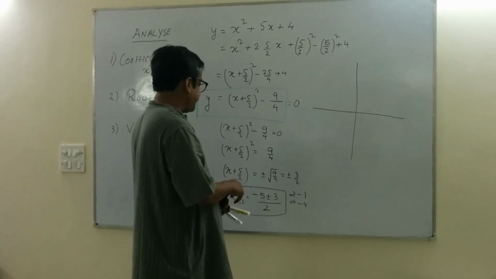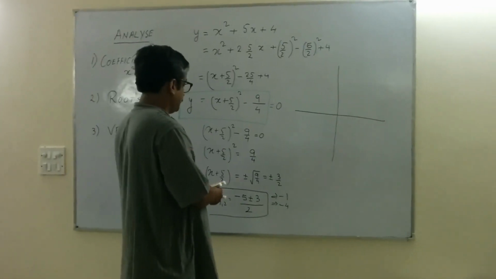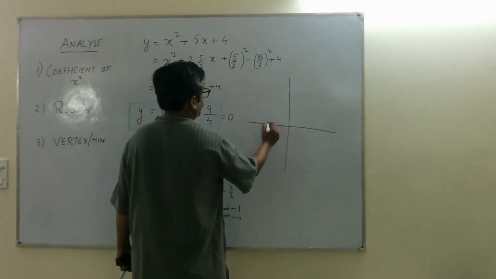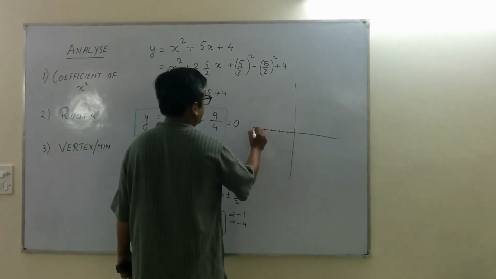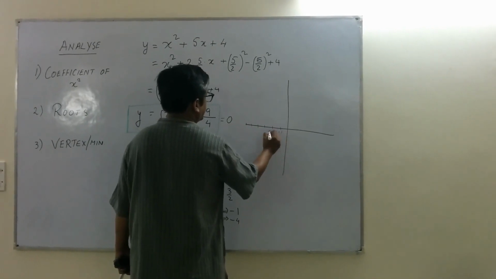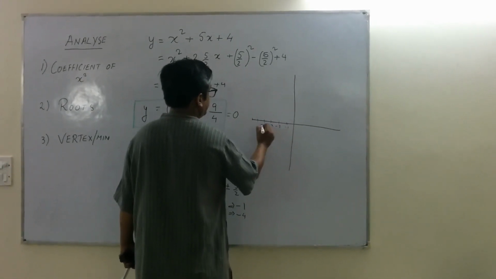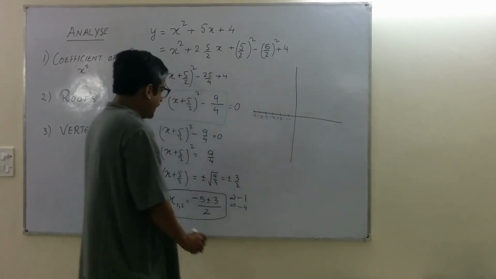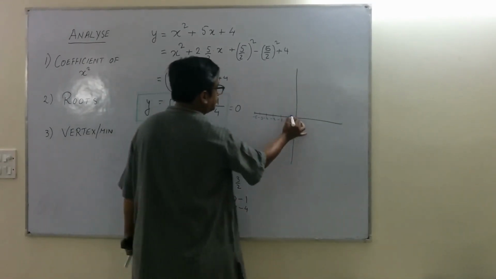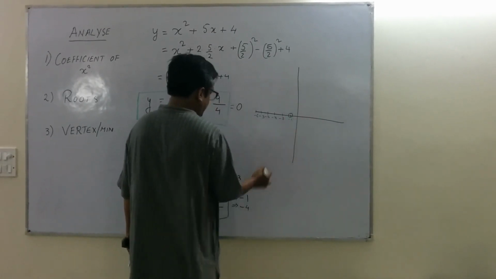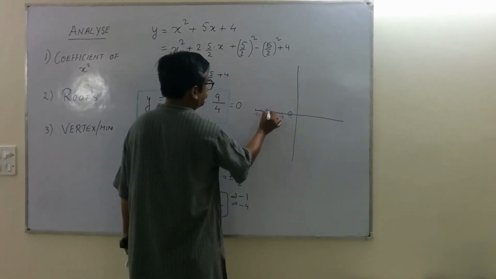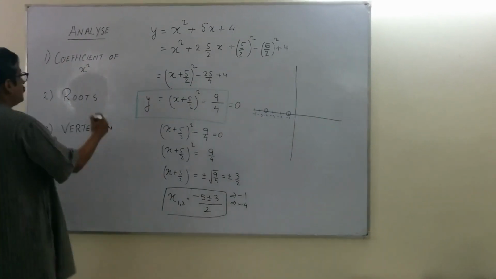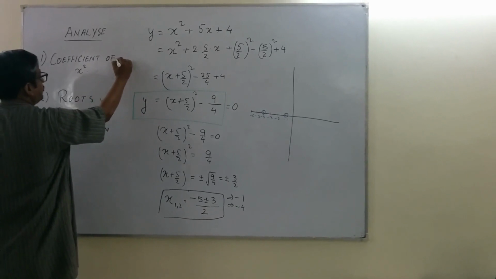So we have identified the two zeros of this polynomial. So if I plot 1, 2, 3, 4, 5, 6, it's minus 1, minus 2, minus 3, minus 4, minus 5, minus 6. We have our zeros at minus 1 and minus 4. So the zeros are being taken care of.